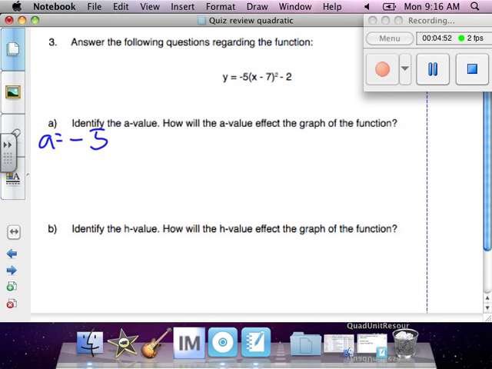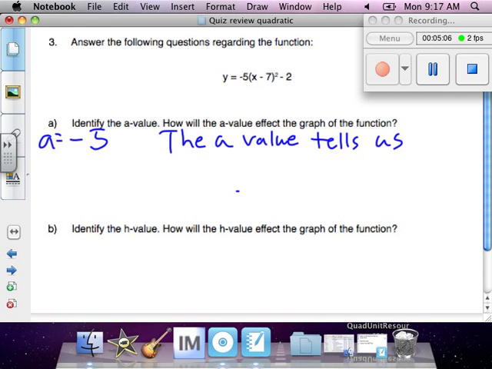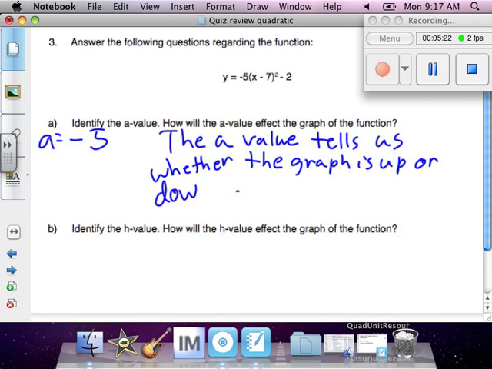Okay, the A value tells us whether the graph is up or down. Which is it in this case? In this case, it's down.